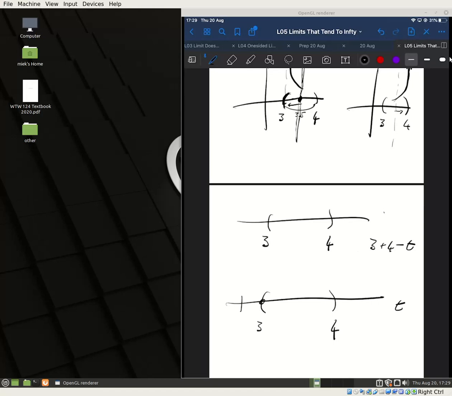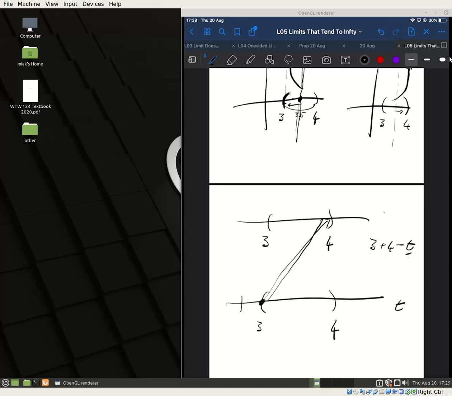If t is equal to 3, then 3 plus 4 minus 3, the 3's cancel and we're sent to 4 here.